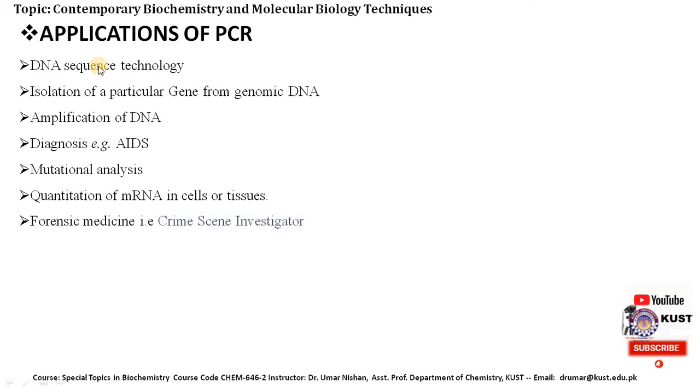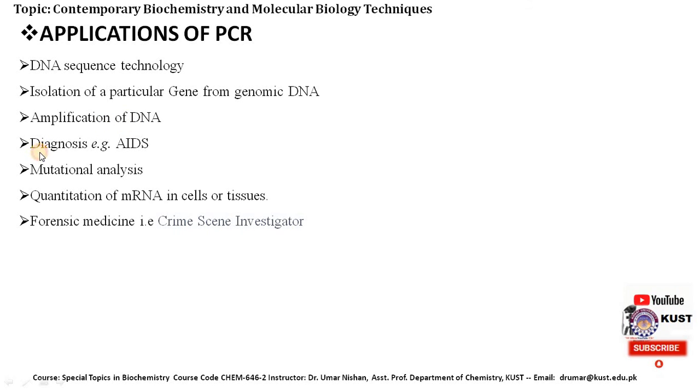Now there are numerous applications of PCR. One of those important applications is DNA sequencing technology. It means that with the help of this technique we can sequence DNA. Isolation of a particular gene from genomic DNA can be done through PCR, and as you saw in today's lecture, amplification of DNA can be done with the help of PCR.